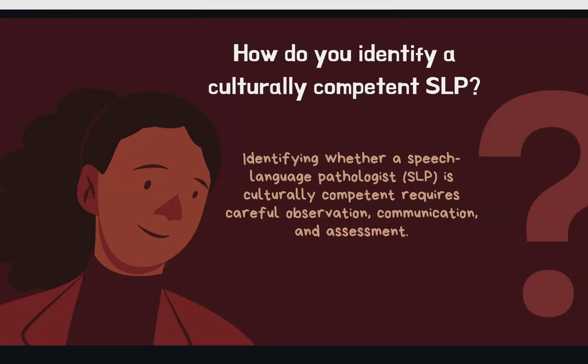Most importantly, you want to trust your instincts and choose a speech pathologist who demonstrates respect, empathy, and understanding of your family's cultural needs and preferences. By using these strategies, families can determine if an SLP possesses the cultural competence necessary to effectively meet their needs.